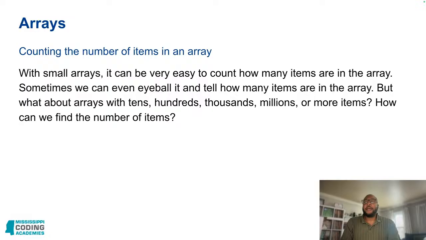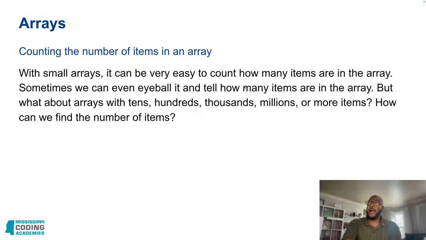Maybe it's 2,964 or some weird random number, and it could be a number that changes pretty constantly. We want to be able to figure out how many items are inside of an array and be able to do things with it.